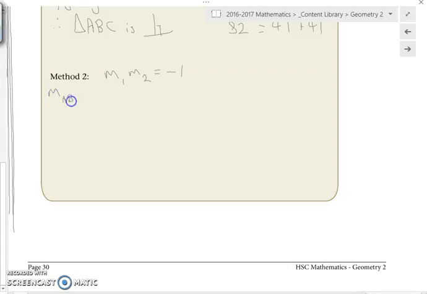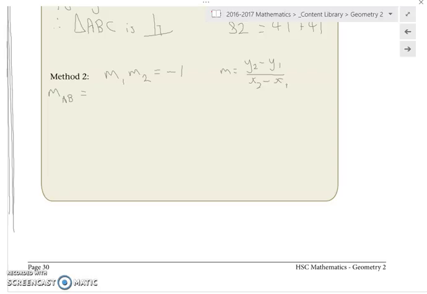M of AB. How do we find the gradient? Happy with that? Now remember, we can have negative numbers here. So what are our 2 points on AB? So give me my y2 minus y1. Otherwise, I've got to scroll up, and I'm lazy.